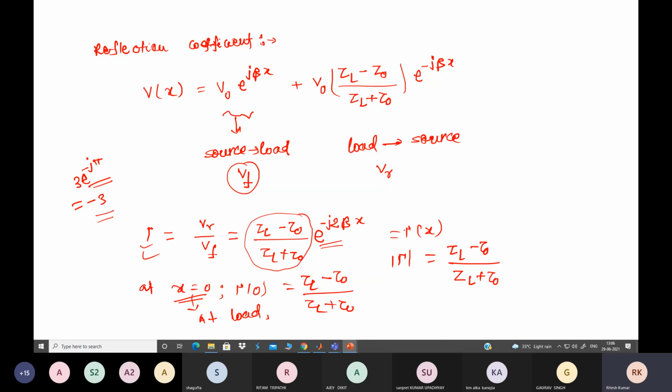So this e to the power minus j beta x we can write in another form. Gamma is equal to its magnitude times e to the power j theta, where this angle theta is the phase difference between the reflected and forward wave.